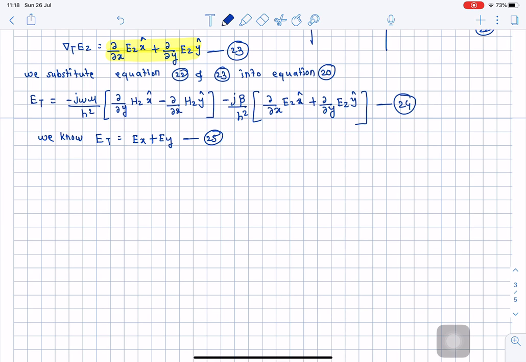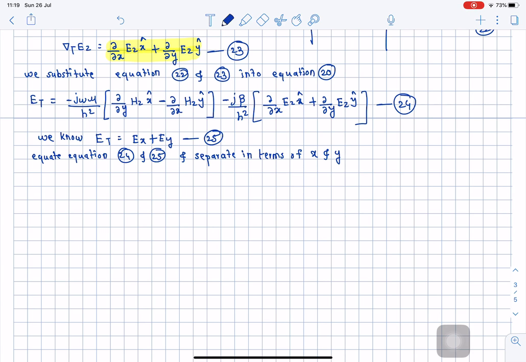So what we do is we equate equation 24 and 25 and separate in terms of x and y.